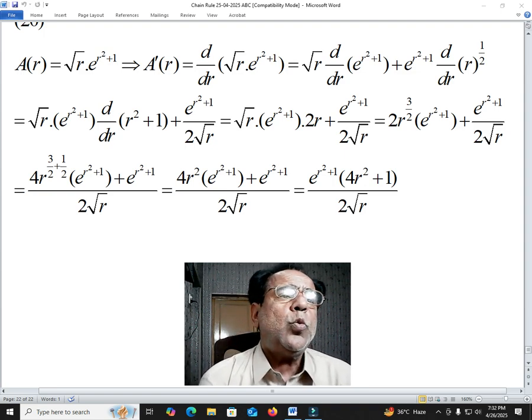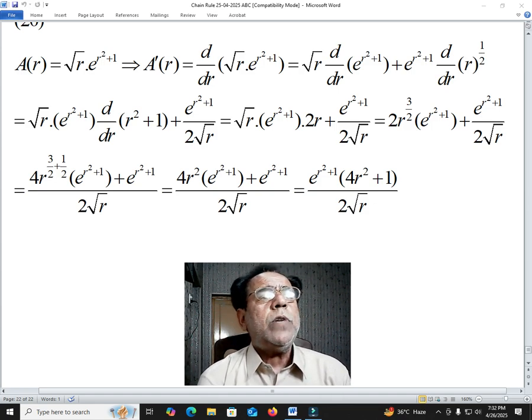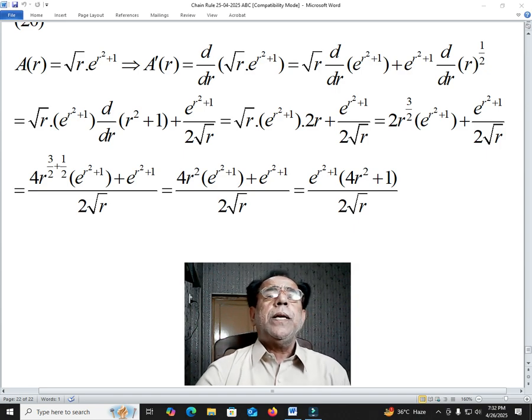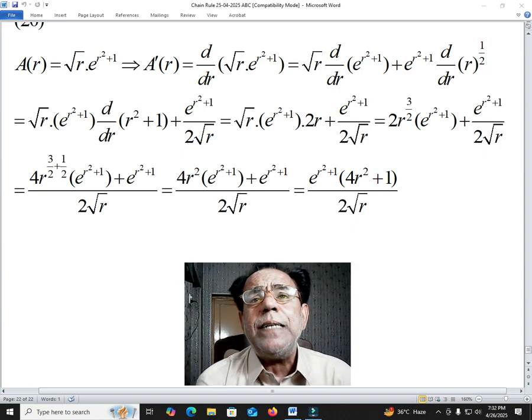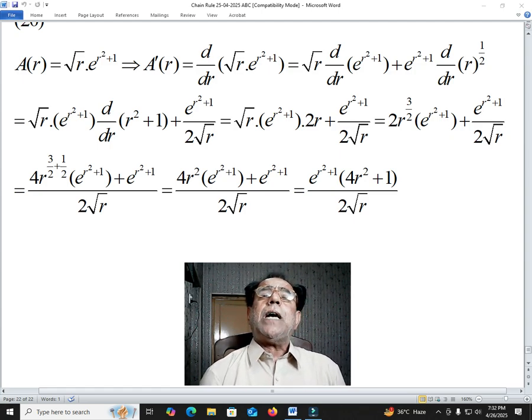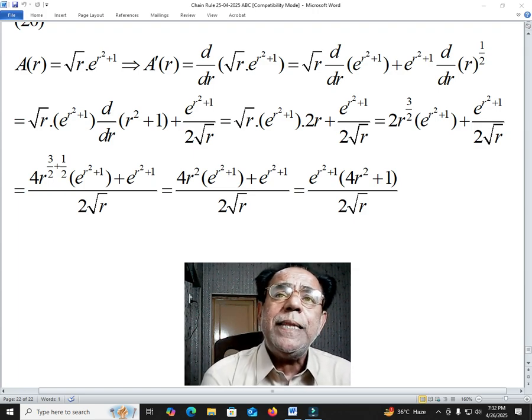So we will get square root of r into e raised to the power r squared plus 1 into d/dr of (r squared plus 1) plus e raised to the power r squared plus 1 over 2 square root of r. Because when 1 is subtracted from half, the power remains minus half, and minus half when shifted from numerator to denominator becomes plus in the denominator.